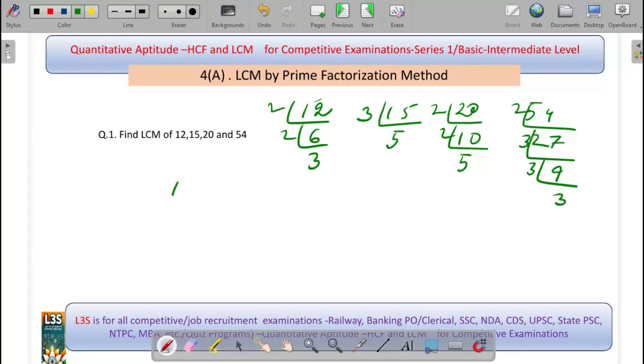So we can write 12 equal to 2 square into 3, 15, we can write like this, and 20 like this.